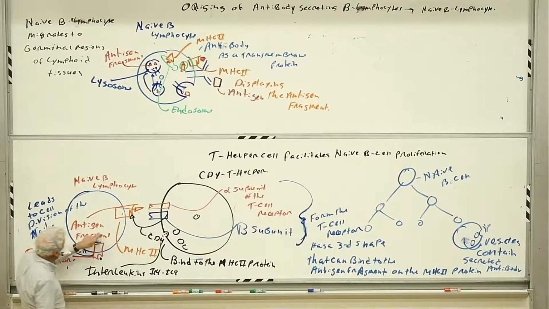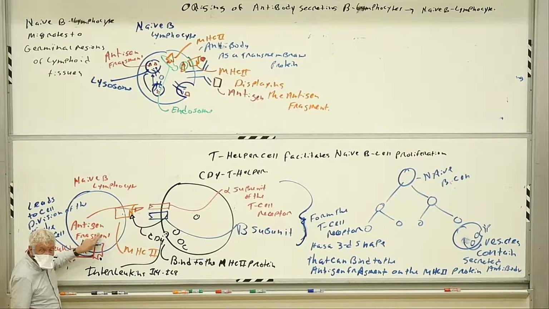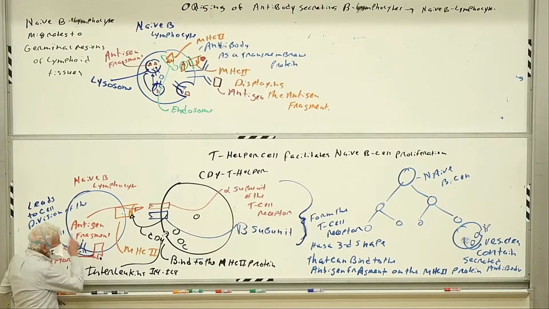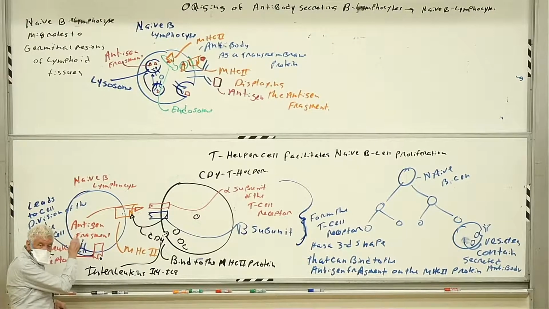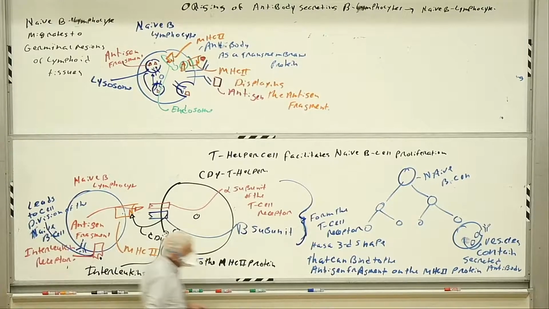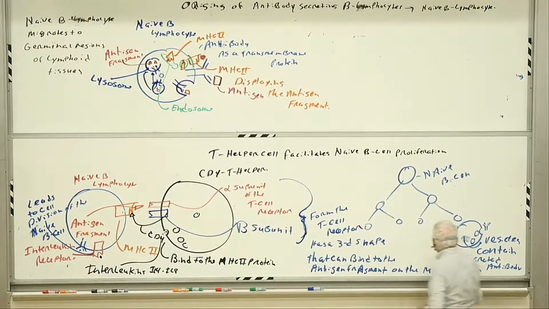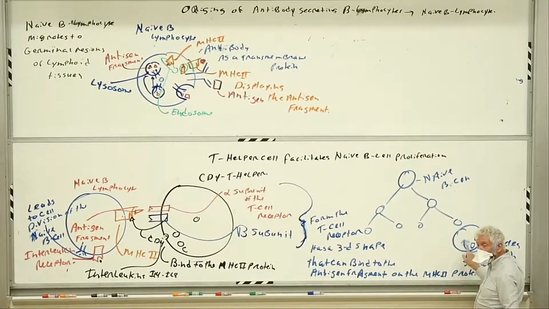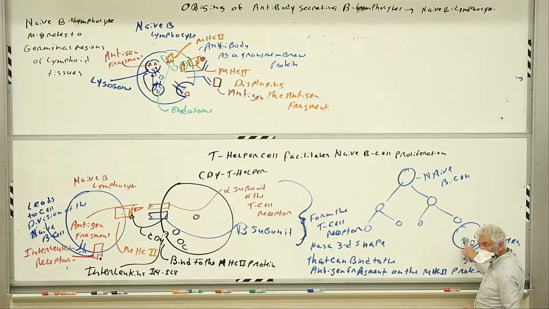The interleukins then tell this cell to start dividing, make copies of yourself. And every time you make a copy of yourself, make an identical copy of that antibody that we started out with. So in this way, we get thousands and thousands of copies of antibodies in each one of these cells, and each cell contains the same antibody. And eventually, we get these antibodies being secreted from the B lymphocytes.